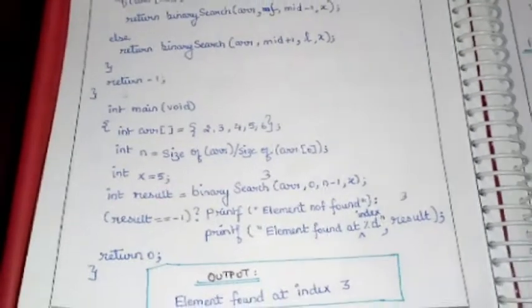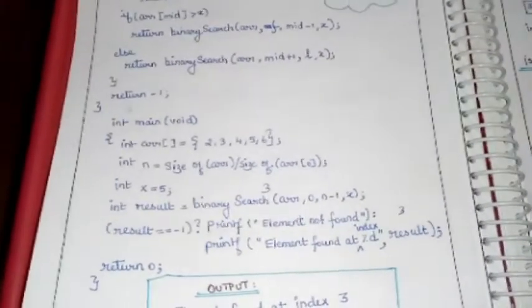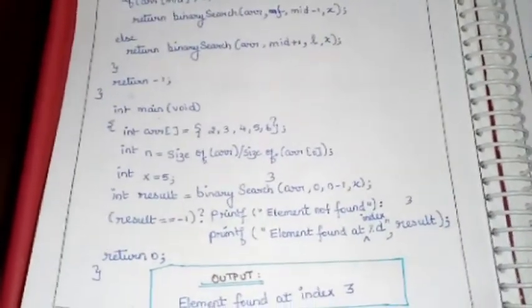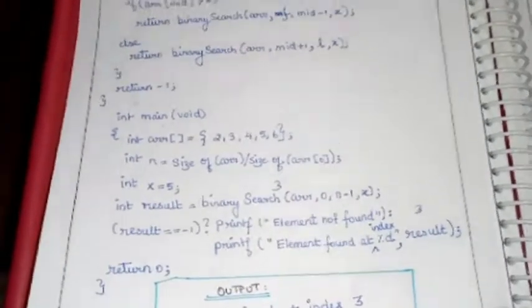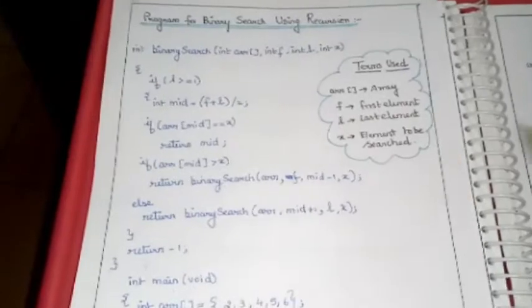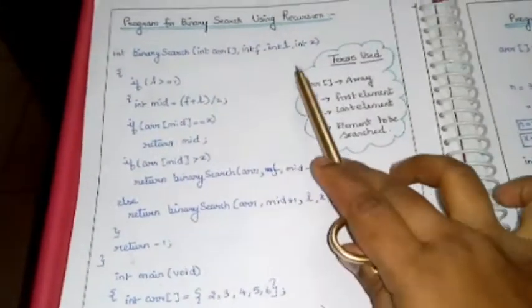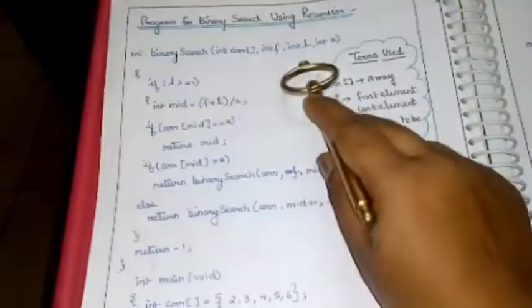So this is the simplest binary search program using recursion. When I use the term recursion, I have to say a recursive function is nothing but one which calls itself again and again. So in this program, this is the function binary search.